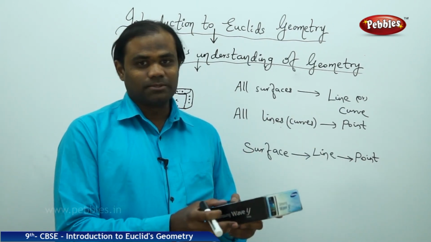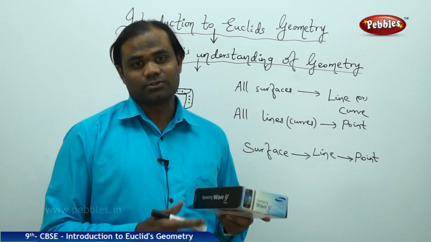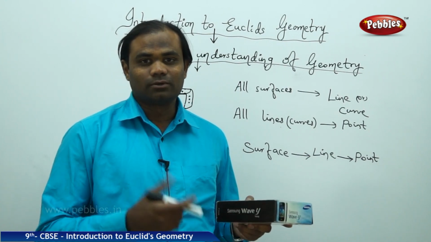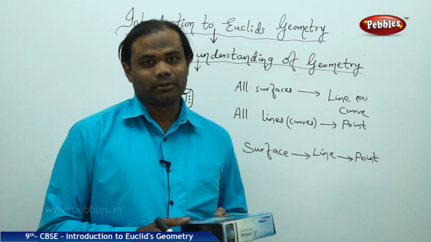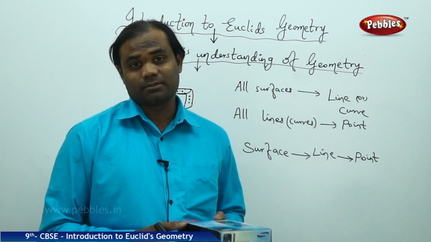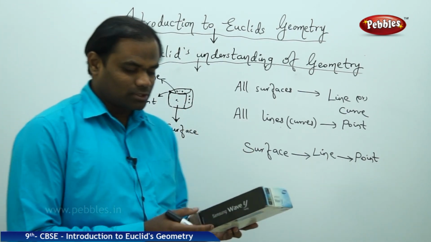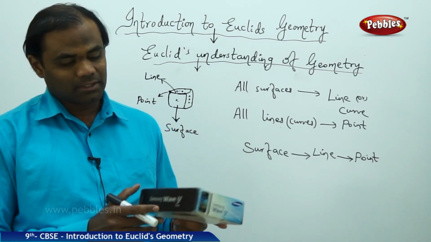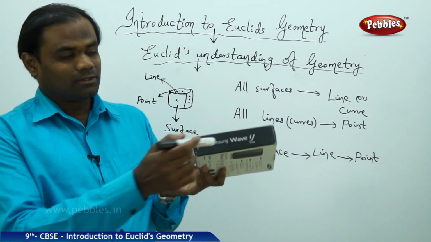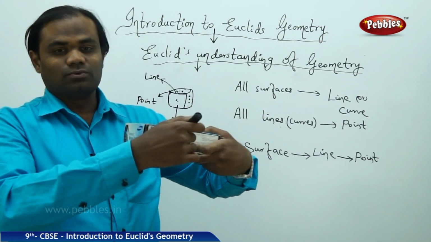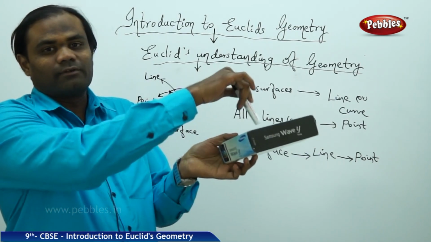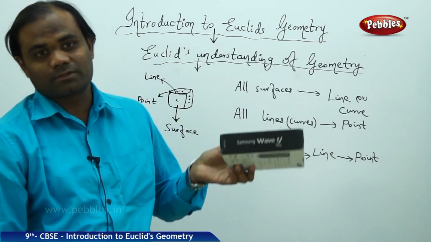So let's take an object and understand the concept more strongly, on how Euclid could understand geometry during his times. As we have seen a dice, I assume this to be a three-dimensional dice in which I have 6 faces: face 1, face 2, face 3, face 4, face 5, and face 6.